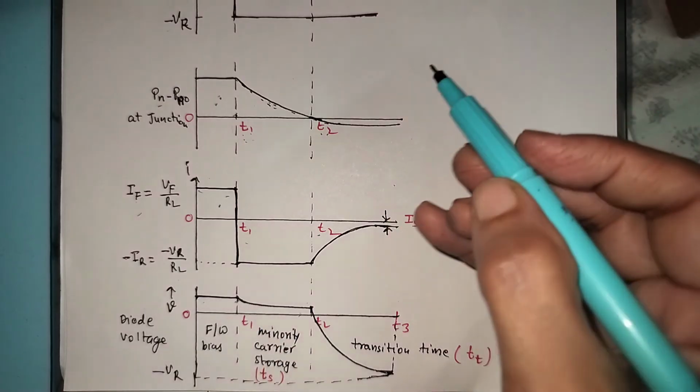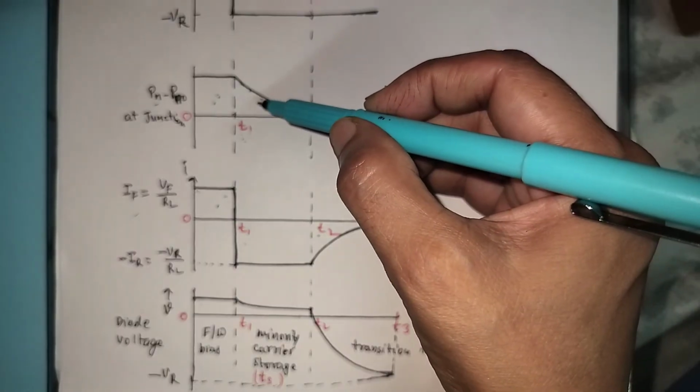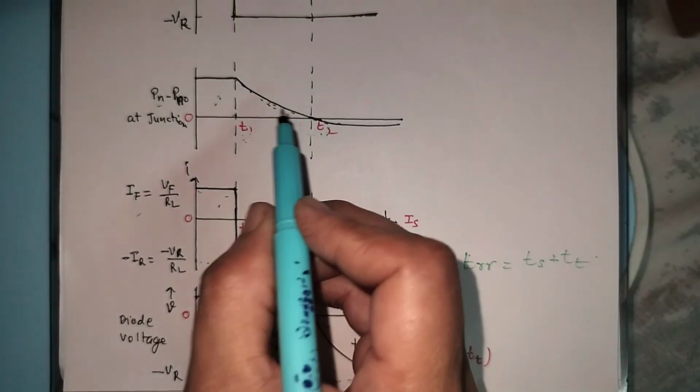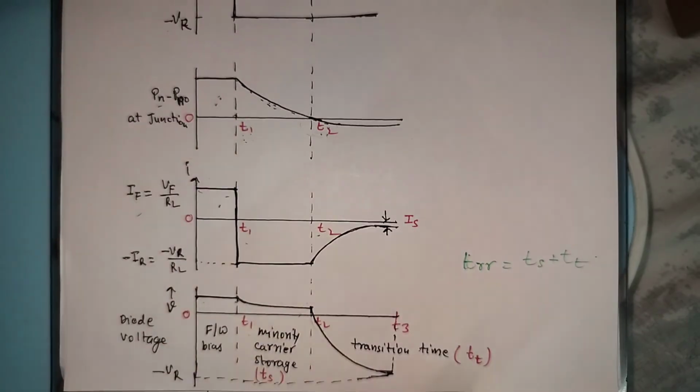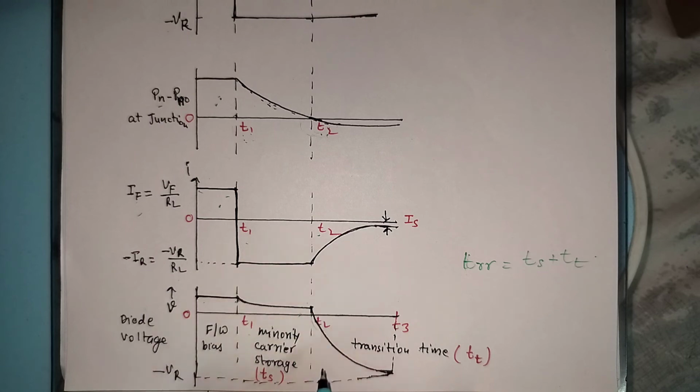This is because from time t1 to t2 the injected minority charge carriers are also present near the junction. When the injected minority carriers reach the equilibrium state, at time t2, the diode voltage begins to fall and becomes negative.